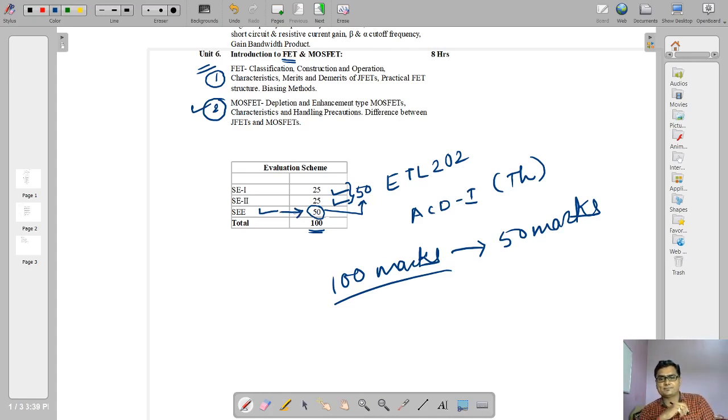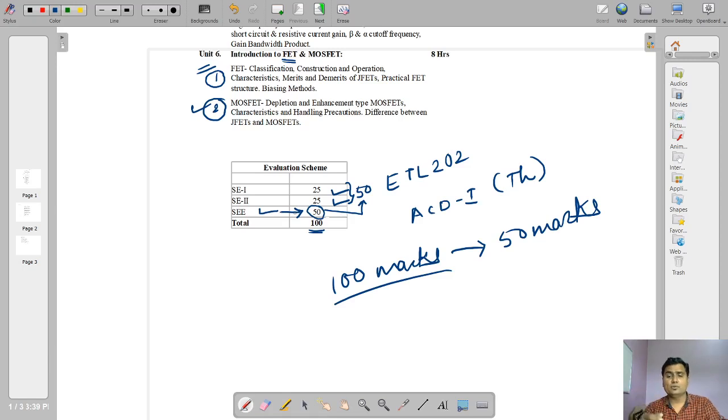As in your first year, we have the same structure here in your second year. The final theory exam will be of 50 marks, but you have to appear for a 100-mark theory paper. At the time of evaluation, we convert these 100 marks to 50 marks.